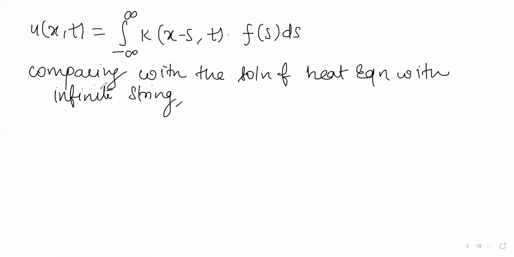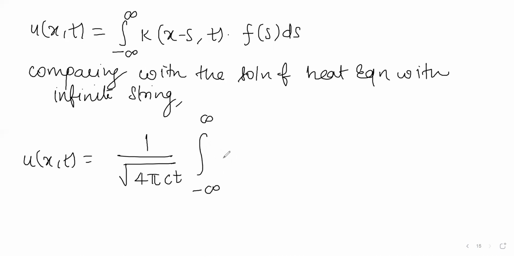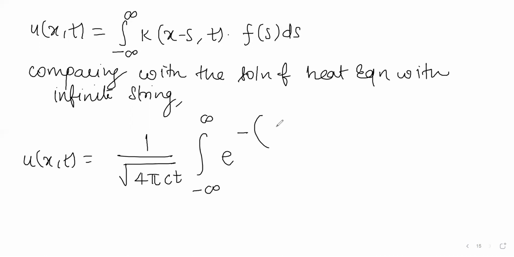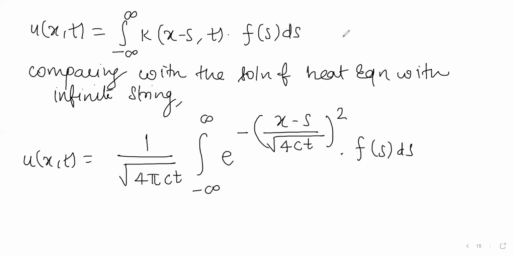So in that case, you get, just let me write down again, u of x comma t was 1 upon under root 4 pi ct, integral over minus infinity to infinity e power minus of this entire quantity, so that is x minus s upon under root 4 ct, whole squared, and then f of s ds. So if you compare this, call this equation 1 and call this equation 2.